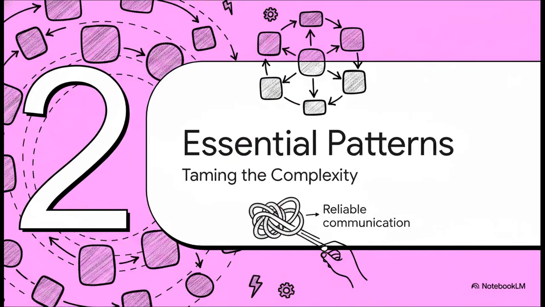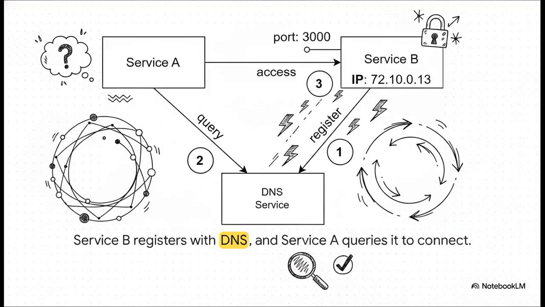All right, moving on to Section 2, Essential Architecture Patterns. Let's see how we actually tame this complexity. Now that we have all these loosely coupled components, the big question is, how do we get them to talk to each other reliably? In a monolith, Service A might just have Service B's static IP hard-coded right in. Easy. But in our new distributed world, Service B might hop over to a totally new node at any given second.